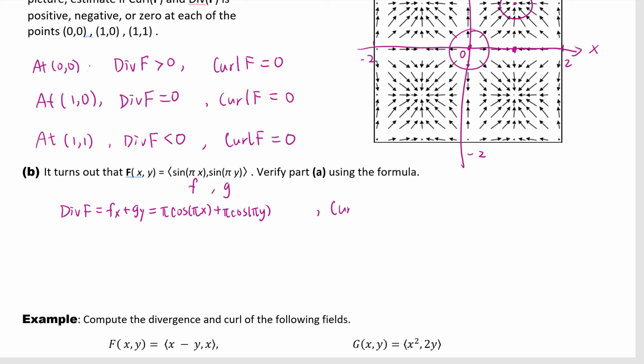And how about the curl? The curl of f is gx minus fy. gx: g is a function of y, so gx is 0. fy: f is a function of x, so fy is also 0. The curl is 0 everywhere, so we know f is irrotational.